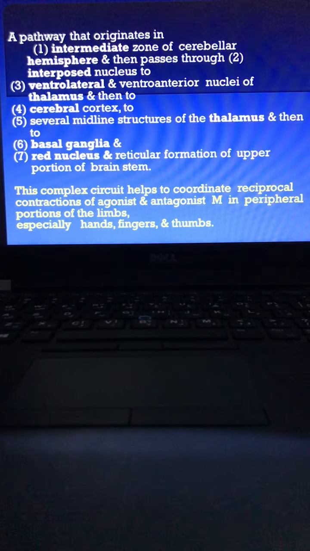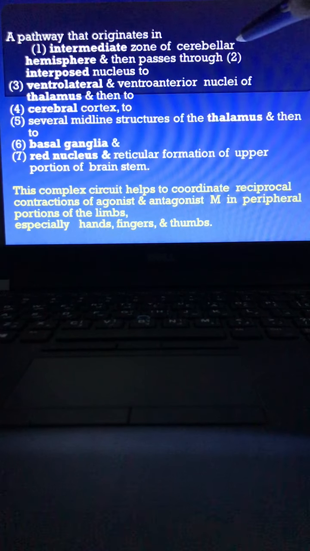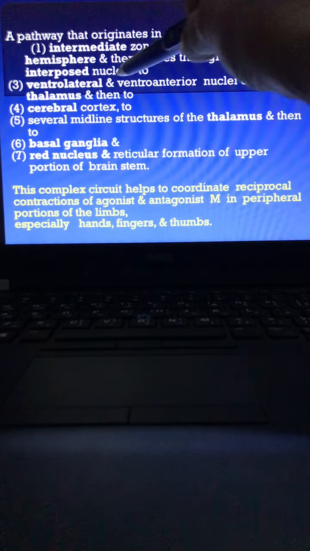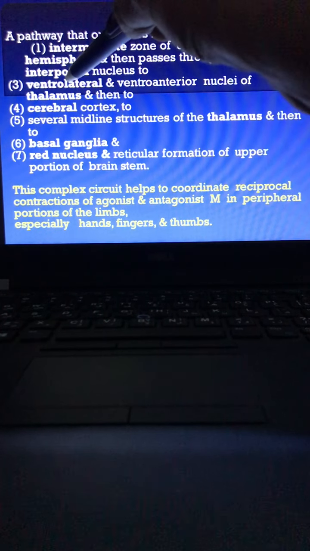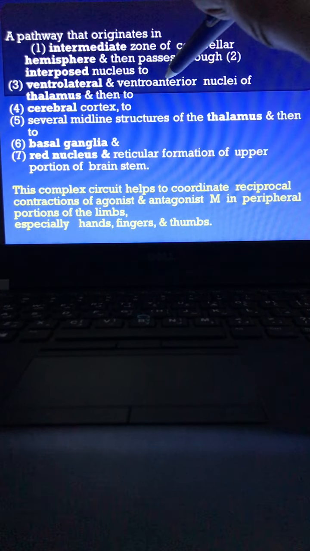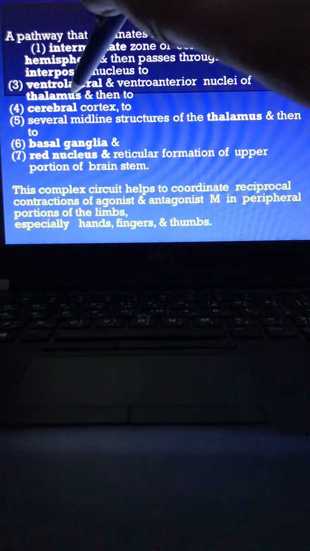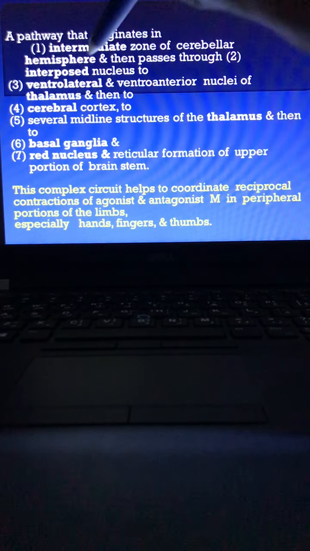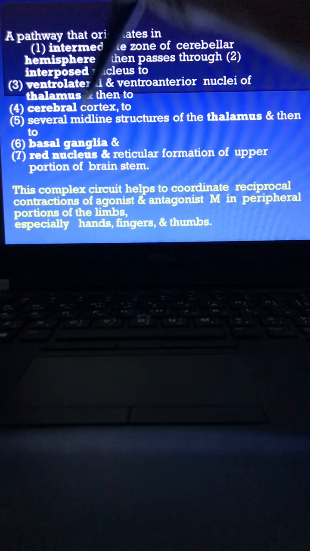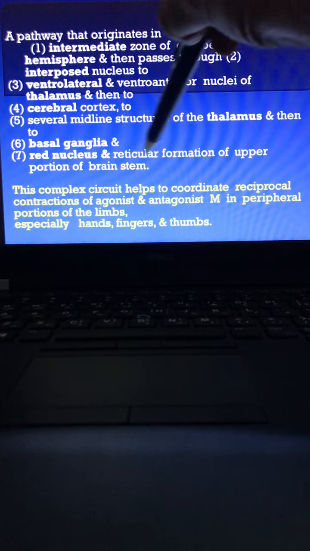And number 2, the pathway originates in the intermediate zone of the cerebellar hemisphere, passes through the interposed nucleus to the ventrolateral and ventroanterior nuclei of the thalamus, then to the cerebral cortex, and then to midline structures of the thalamus, then to basal ganglia, and finally to the red nucleus and reticular formation.